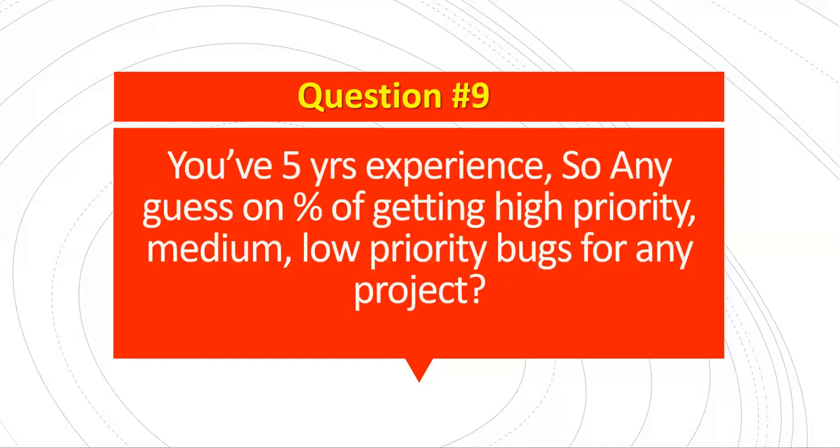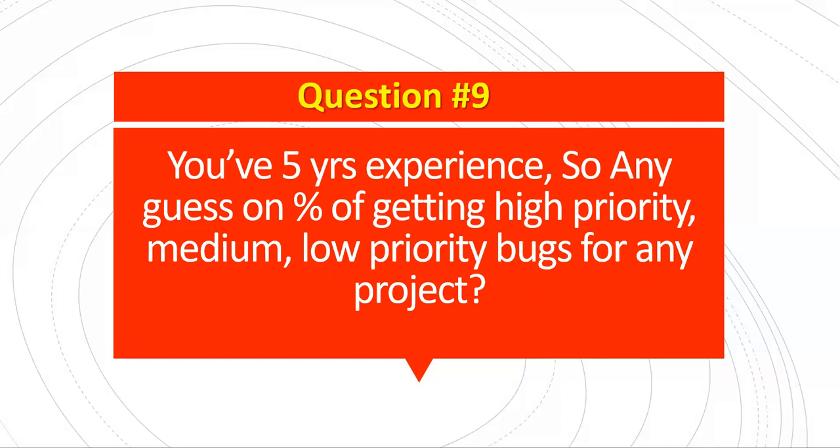The next question is one especially asked of experienced people. Let's say you have 5 or 6 years of experience. Any guess on the percentage of high priority, medium priority and low priority bugs for any project? Normally whenever anybody asks this kind of question, we cannot say an exact number, but we just have to assume and guess some number.